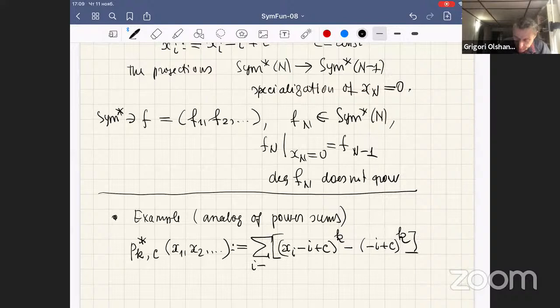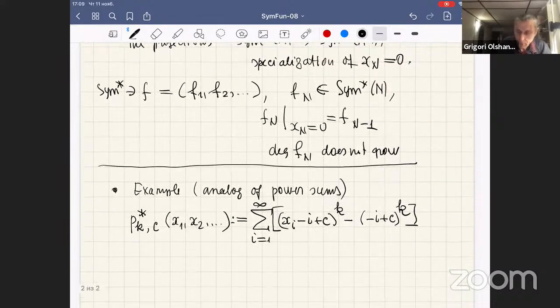And this is a formal expression. What does it mean? Please look at this expression.